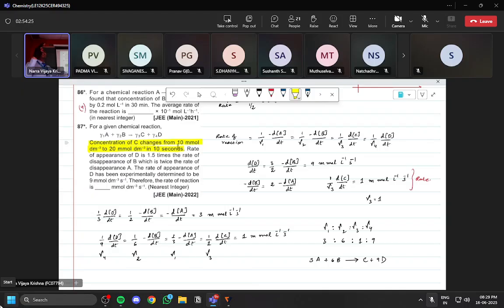They might have made it a little tougher. Instead of asking rate, they might have asked what is gamma 1 is to, gamma 2 is to, gamma 3 is to, gamma 4. Then the question starts. Clear? Understood?